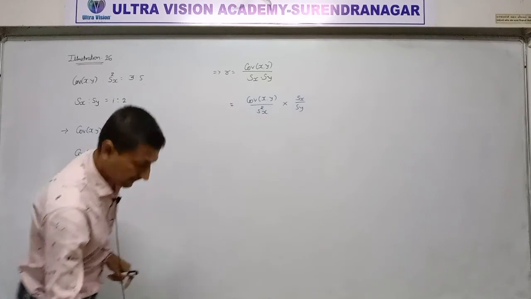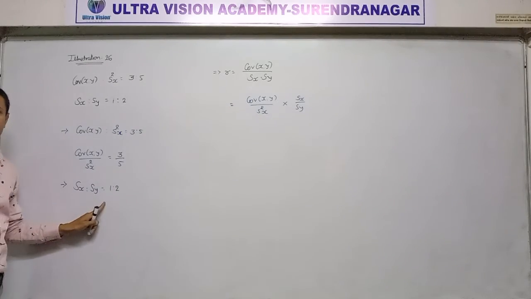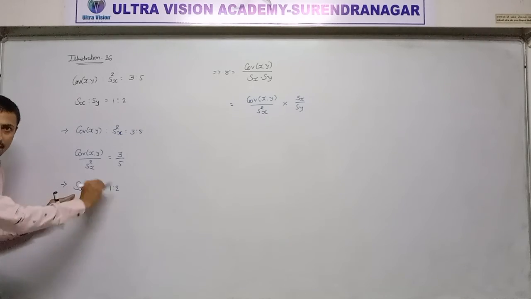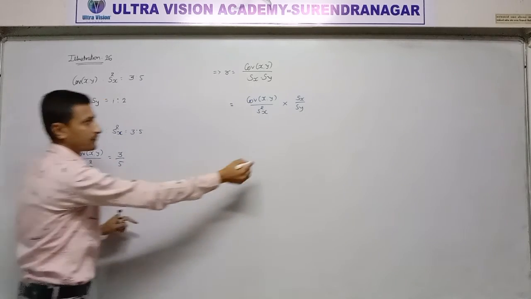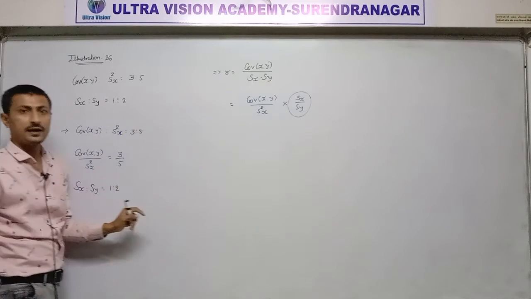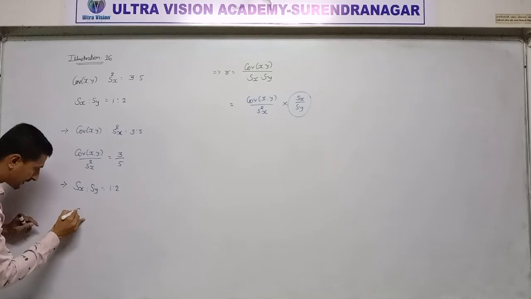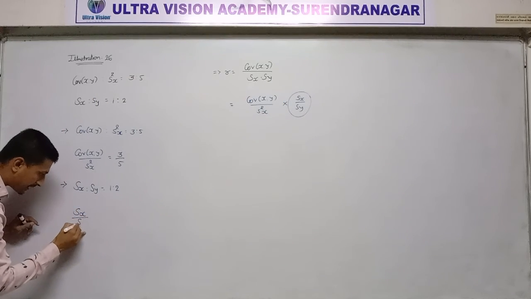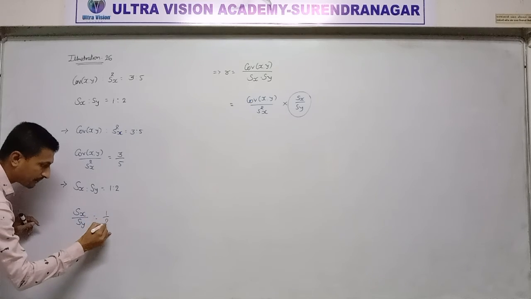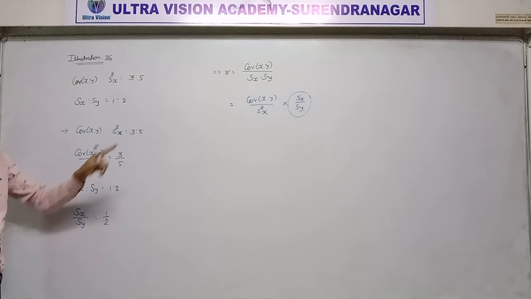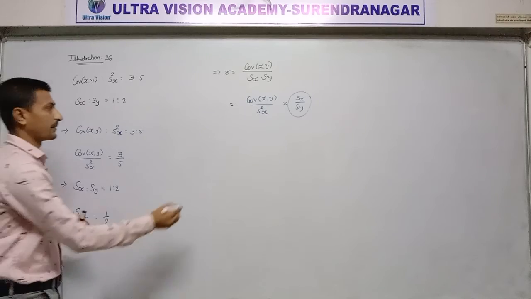So now in here sx is to sy. So sx is numerator and sy is denominator in our formula. Sx by sy find out. So now next step sx divided by sy is equal to 1 by 2. Done. Now next putting both the values in formula.